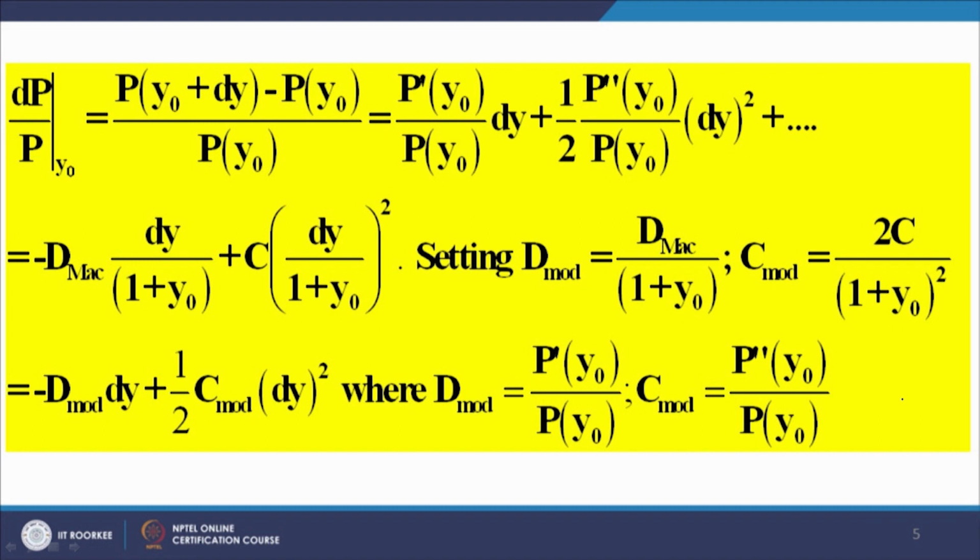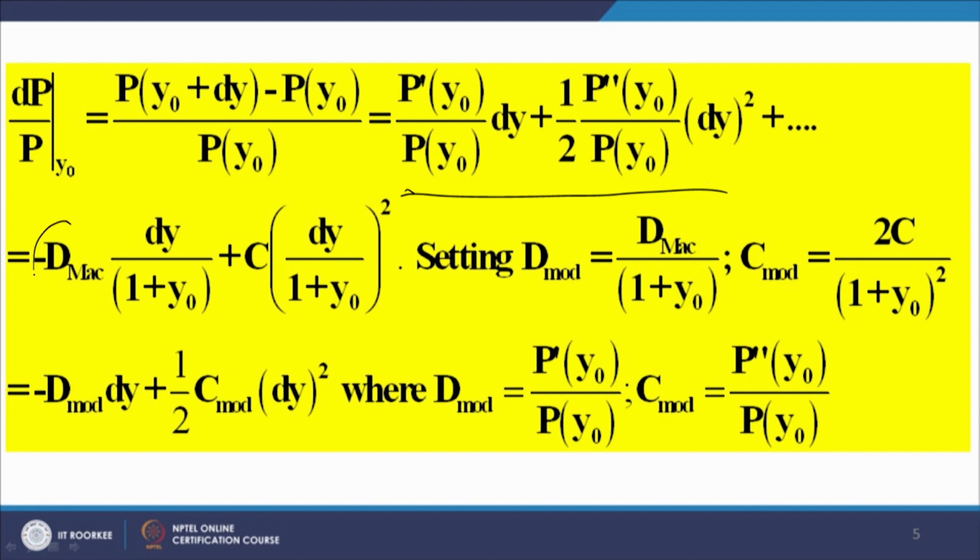If you expand the price of the bond around y0 as a Taylor series and divide throughout by P of y0, what you get is the right hand side here. The first term enables us to define the duration and the second term enables us to define the convexity.